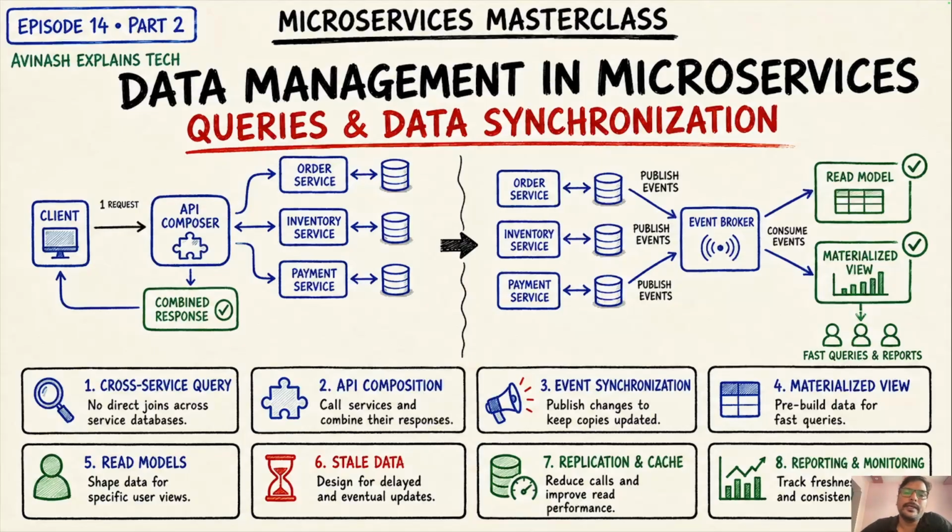Next topic is replication and caching. Data replication and caching can reduce repeated service calls and improve read performance. Suppose the order service frequently needs a product name and category. Calling the product service for every order request may create unnecessary latency.